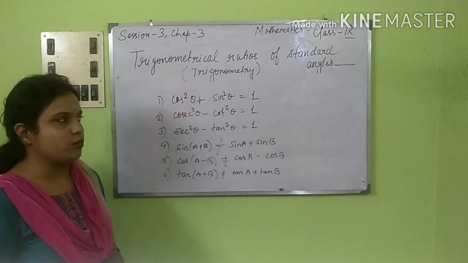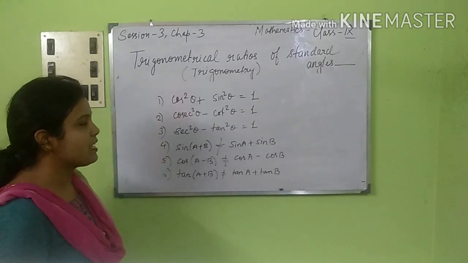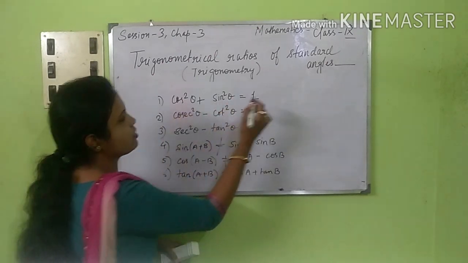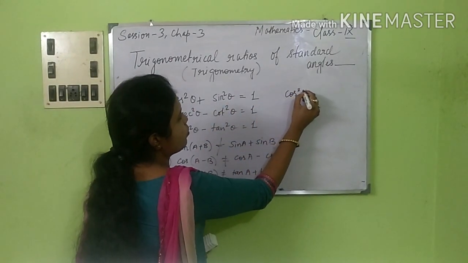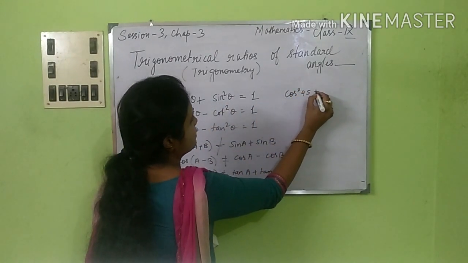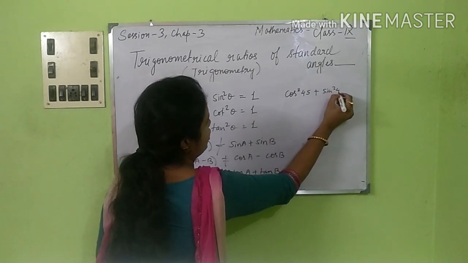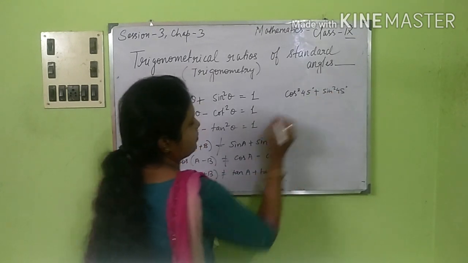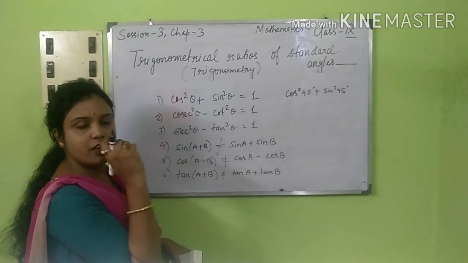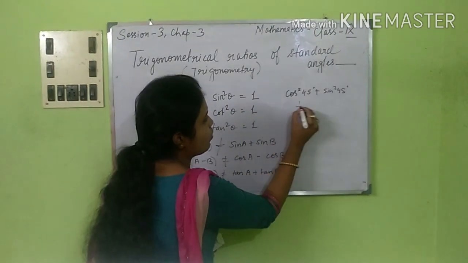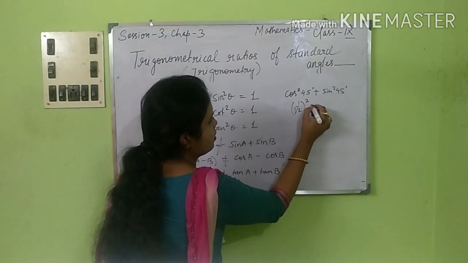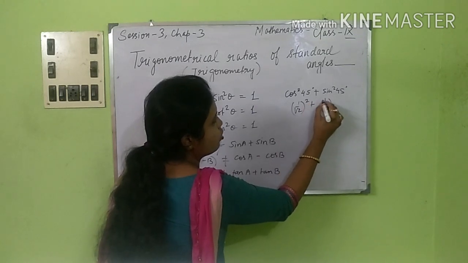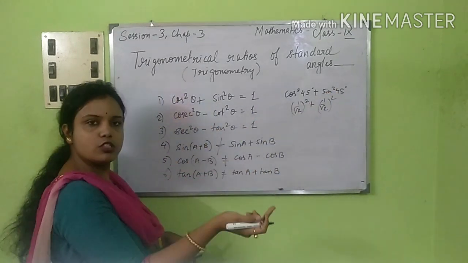If you take any value, I'll show you an example. Suppose you take cos square 45 plus sin square 45. Now what is cos of 45 degree? We know it is 1 by root 2. Sin 45 is also 1 by root 2.